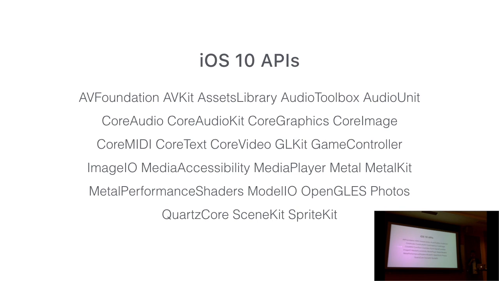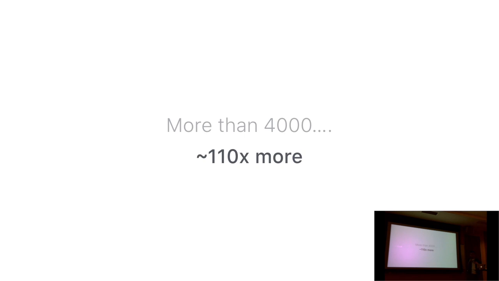More than most people can go through in a few years. Yeah, actually I did that and it turned out to be more than 4,000. No one knows the numbers, but someone mentioned 4,000 during one of the keynotes, so it's more than that. So it's like 110 times more than what React Native has to offer out of the box.